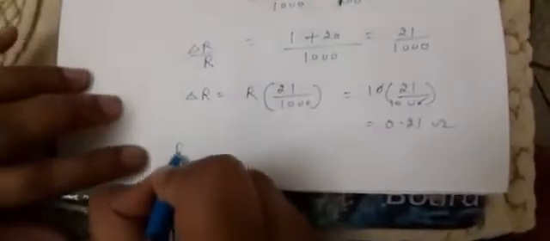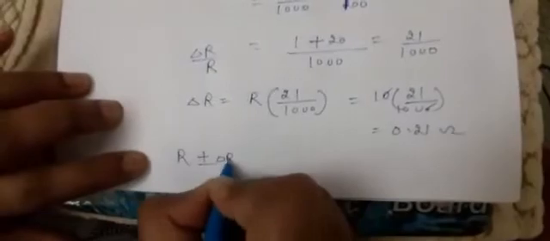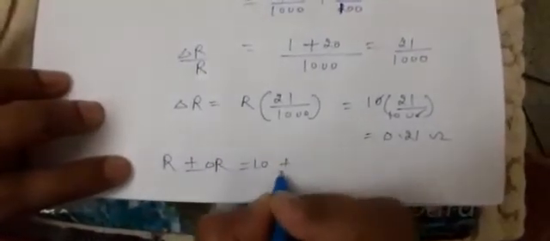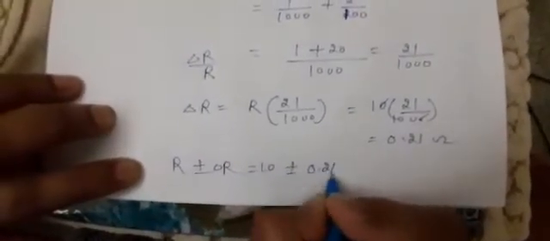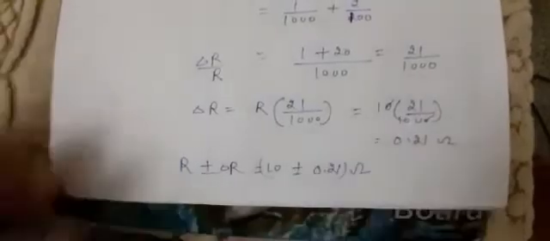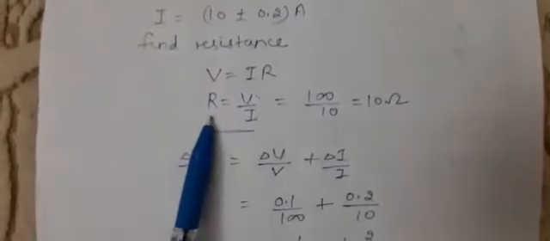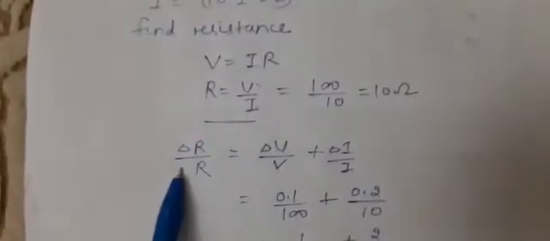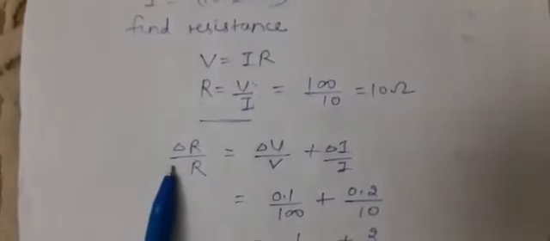So resistance with error limits, R plus minus del R, is 10 plus minus 0.21 ohm. See, in this question, as R is the ratio of voltage and current, to find the absolute error in R we have no other way but to find the relative error in R.